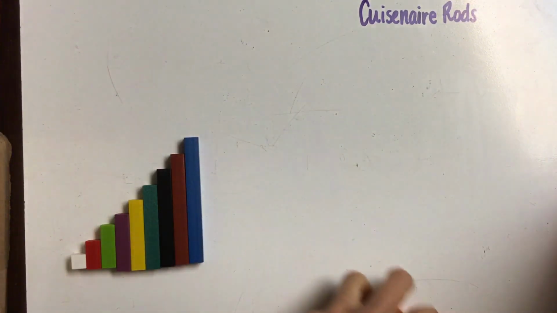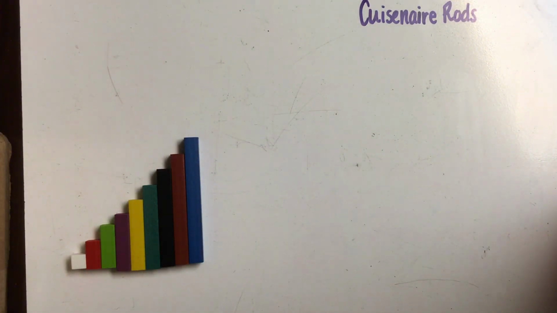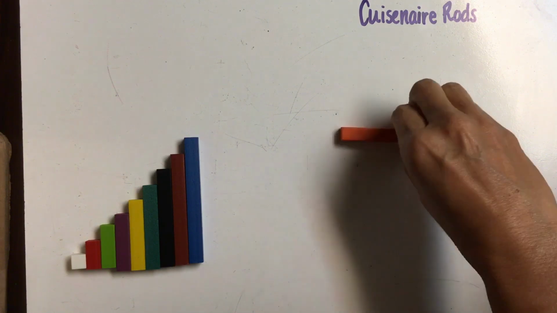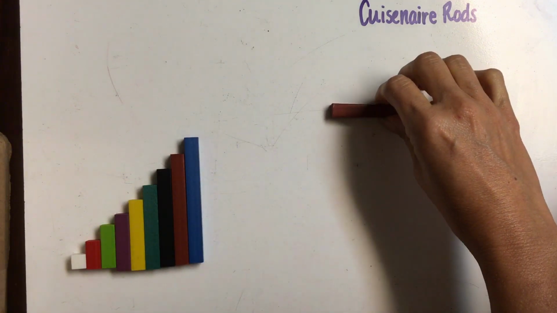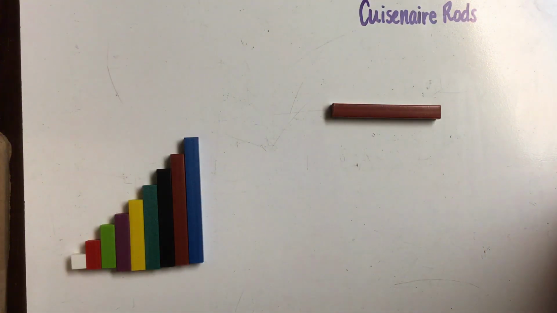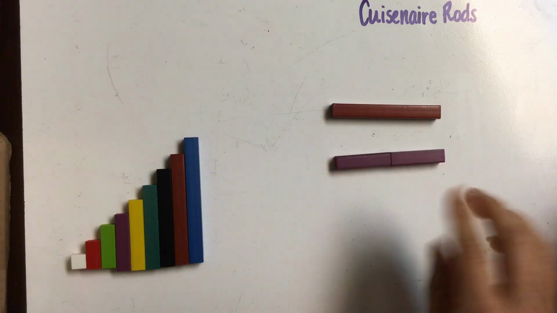Now let's go on down the colors. See, earlier I had said my orange was my whole. I'm now changing, and you would ask the students with the guided notes, how can you equally partition the brown rod? So again, you need to make sure that they are using combinations of the same color.